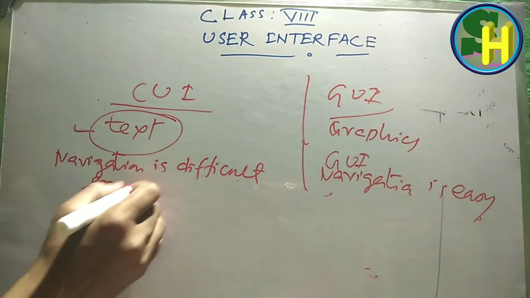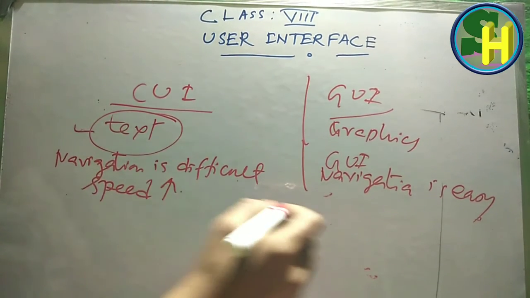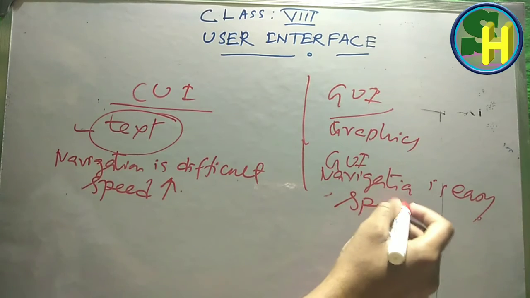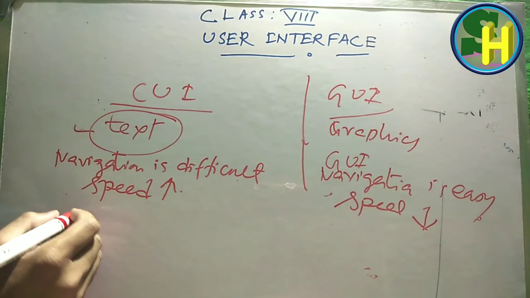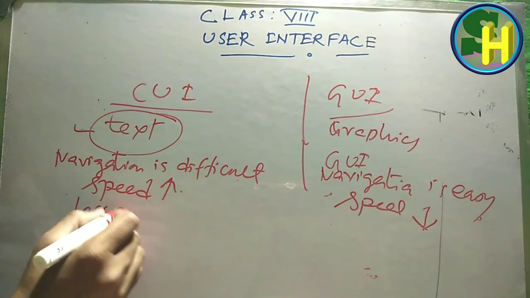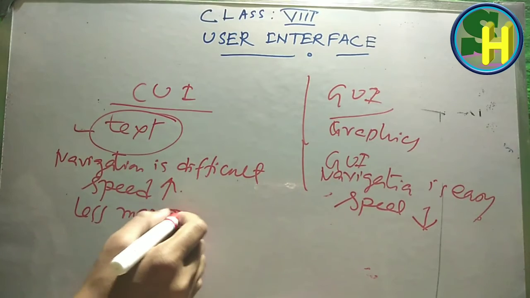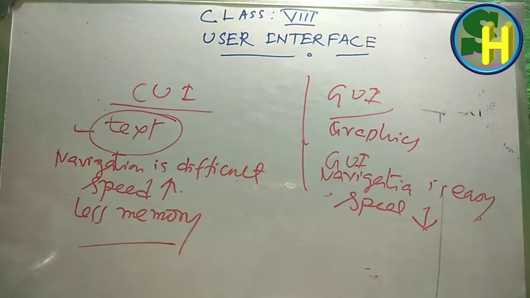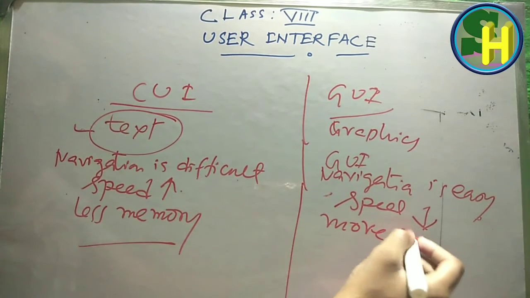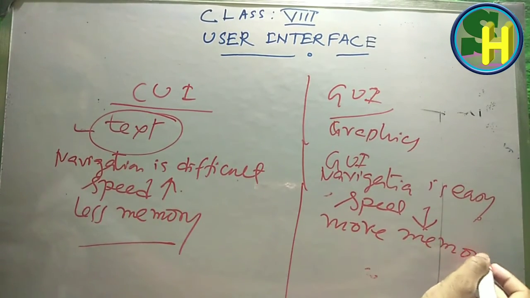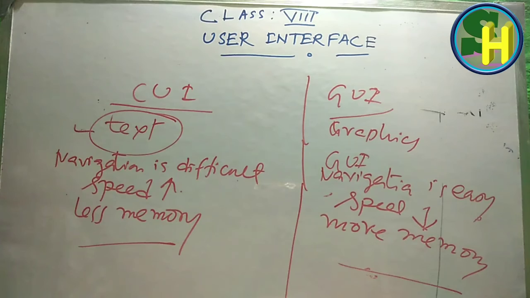Speed is very high compared to GUI. In CUI, less memory is required, but in GUI, more memory is required.